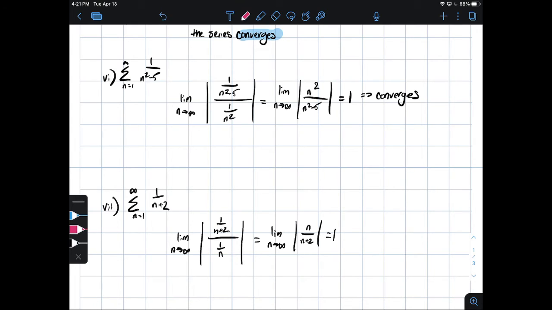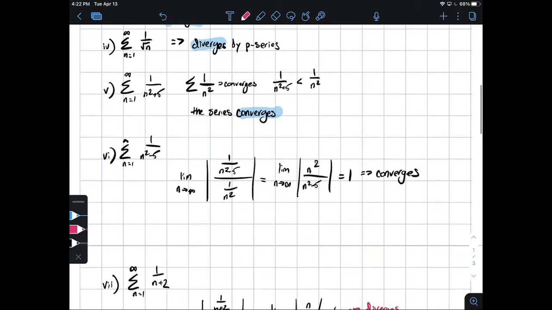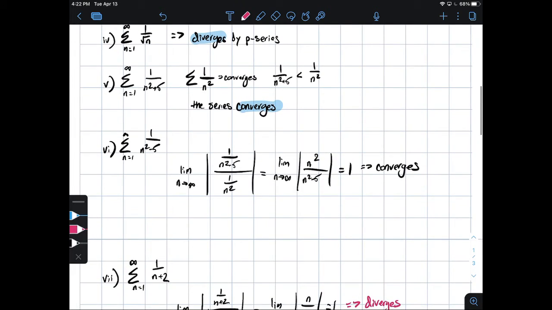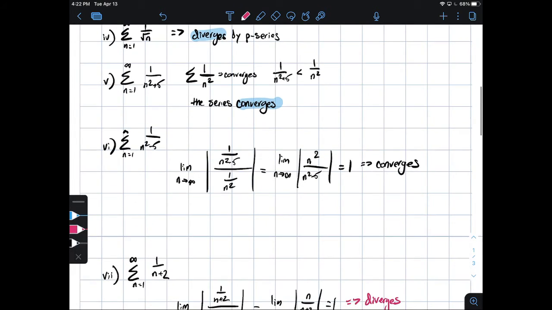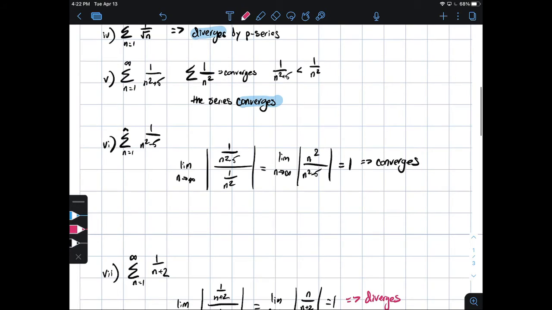So this diverges. I think I messed up the rule. Yeah, I don't know, I think I just messed that up. Okay, so we'll say this diverges instead. I'm trying to think exactly where my thinking is. I don't really want to stop the video too much though.